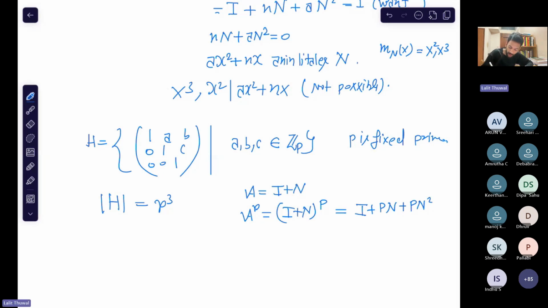Is it correct? Yes or no? PC1 is P. So what do you think now? P times anything is 0 in Z_P. Now let me know what this comes out to be.